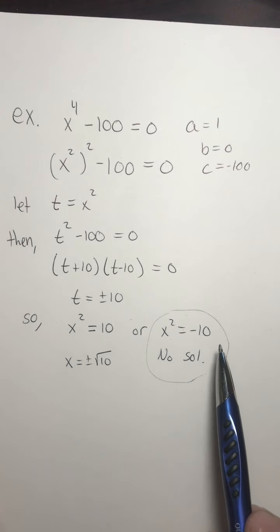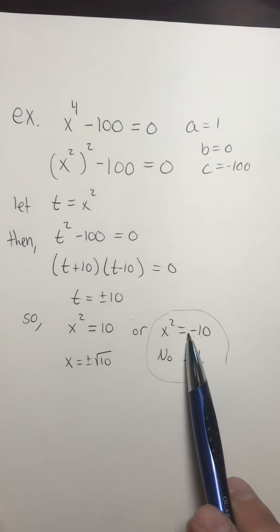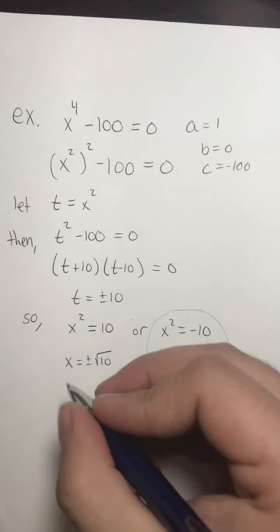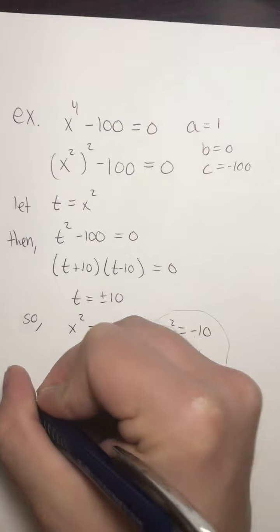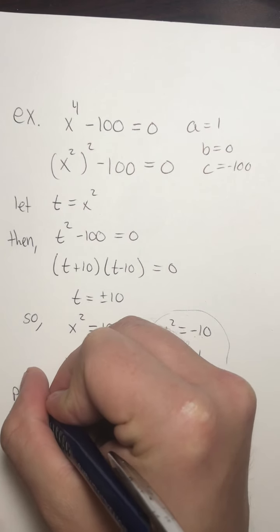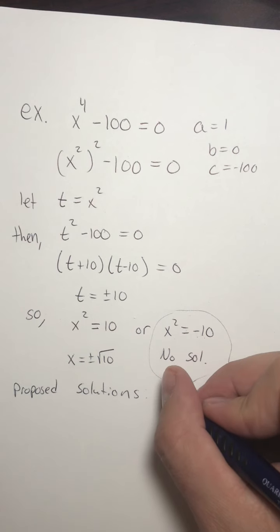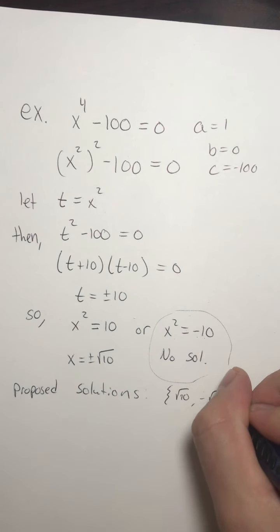If you recall from 1.3, we would need the imaginary unit to end up with something like the square root of negative 10, root 10i, if it were a solution. So over here, we propose the solution of root 10 and negative root 10.